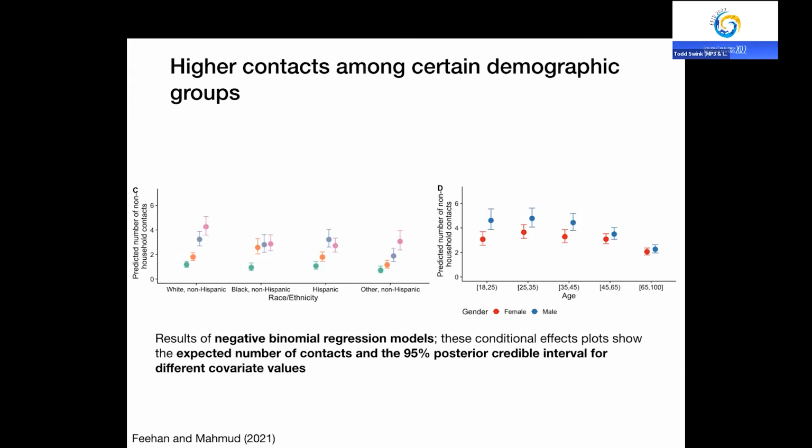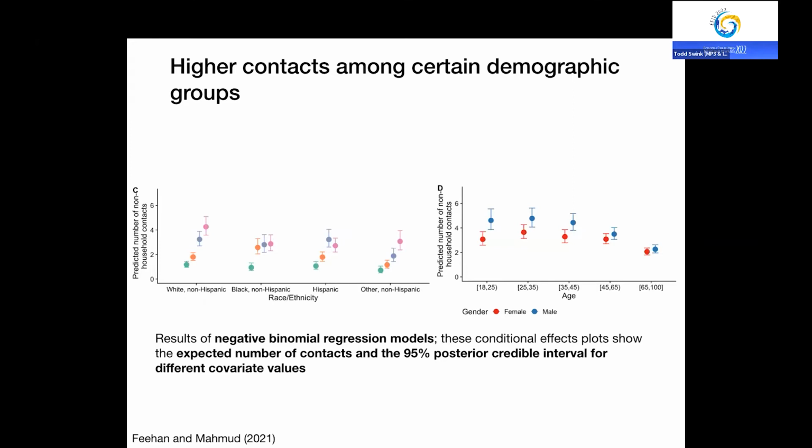The green is wave 0, and we're going forward in time. You can see pretty much what we see in the overall sample: as we go forward in time, we're seeing an increase in contacts across all groups, but there are clear differences in levels of non-household contacts across race and ethnicity.